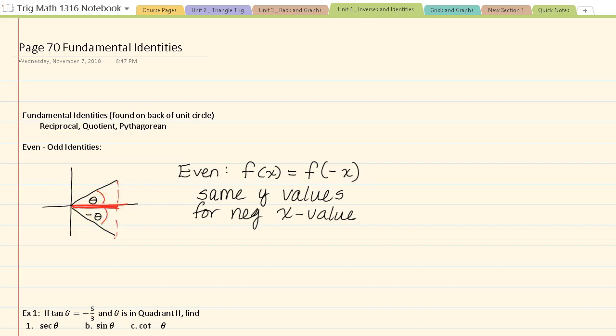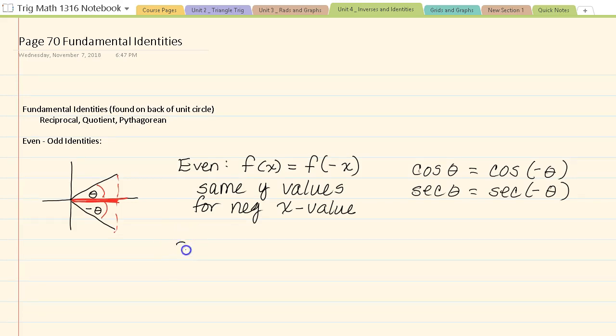So we just found that cosine of theta is the same thing as cosine of negative theta. This also works for secant of theta. It's the same thing as the secant of a negative theta. So those two are considered even functions.